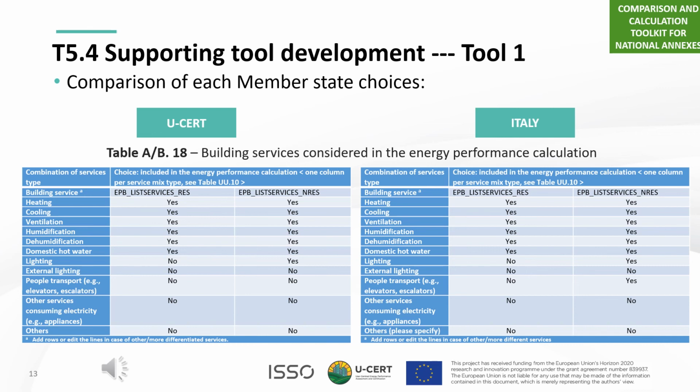As can be seen, these two tables are pretty similar, apart from people transport services, which are considered in Italy within the energy performance assessment for non-residential buildings but are not for U-CERT. Thus, this cross-comparison allows the identification of differences between countries or with the choices made under the U-CERT project.